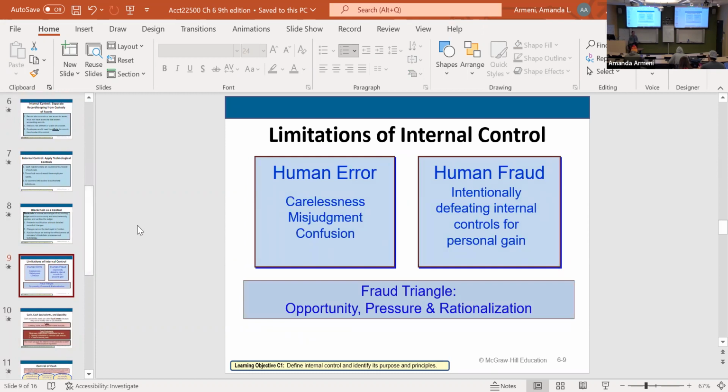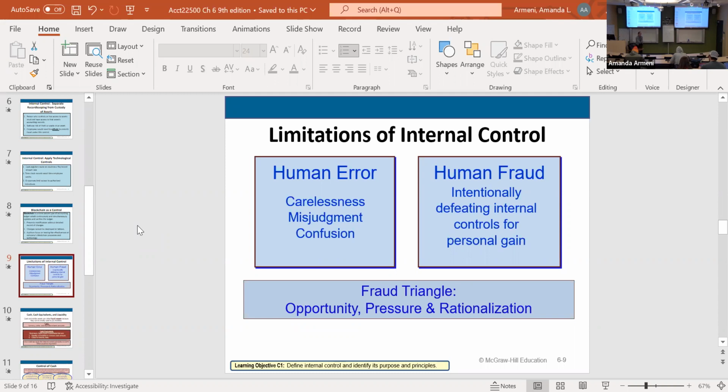Limitations of internal control. Okay. Some of the limitations of internal control is that we are working with human beings that can make mistakes, honest mistakes, right? We're not talking about fraudulent mistakes, because fraudulent mistakes are where you intend to do something wrong, right? This is unintentional errors that can happen within a business organization's processes. There's really not much that you can do about that, right?